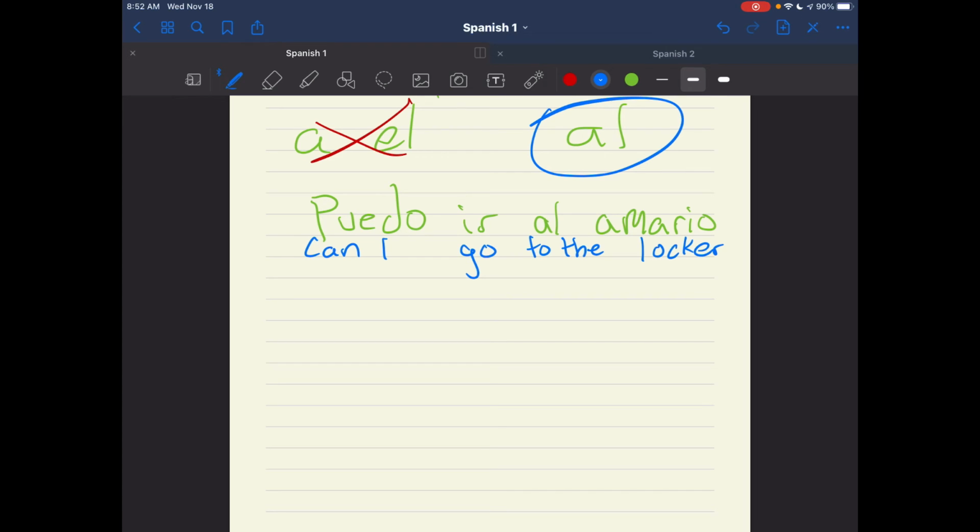And remember, the way that I write out these sentences in English is just so you can tell what words mean what, right? Okay. We also have puedo ir a beber agua.